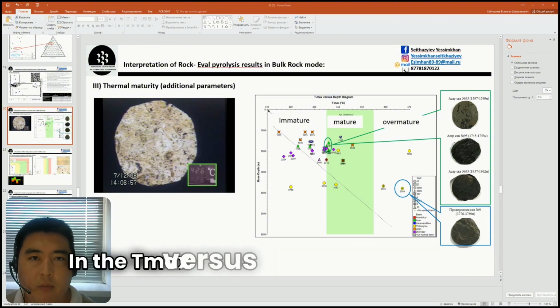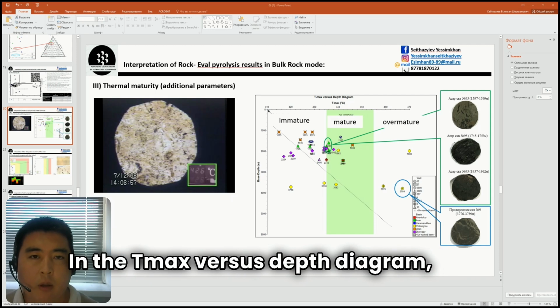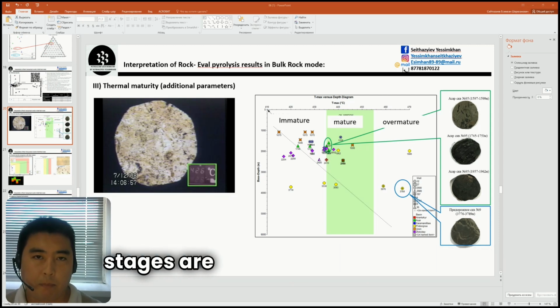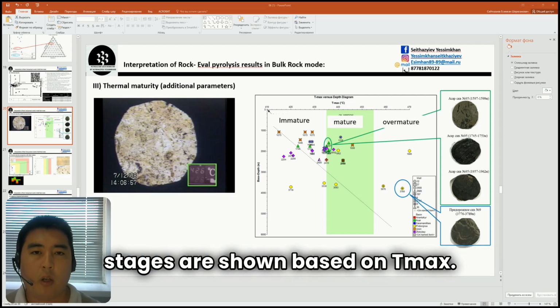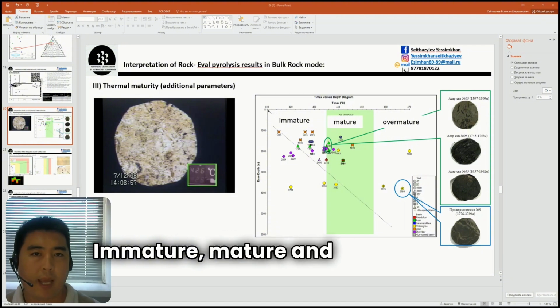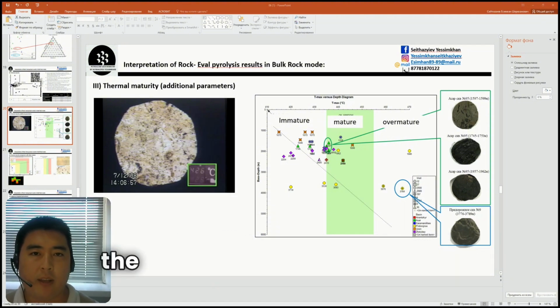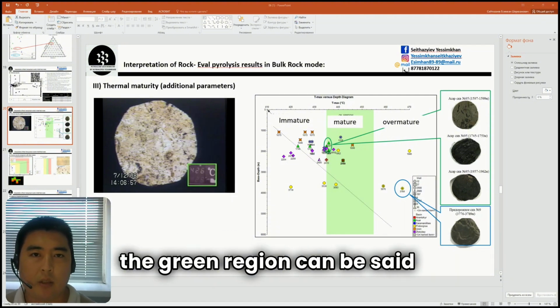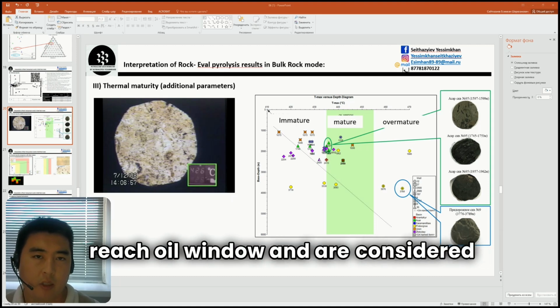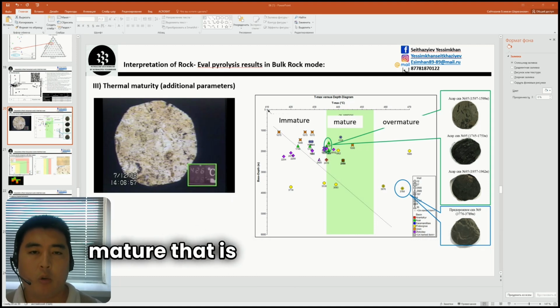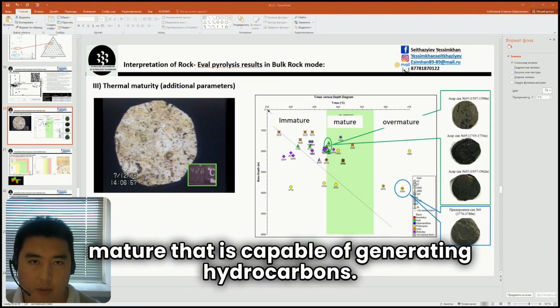In the Tmax versus depth diagram, 3 stages are shown based on Tmax values: immature, mature, and overmature. Samples in the green region can be said to reach the oil window and are considered thermally mature source rocks, which are capable of generating hydrocarbons.